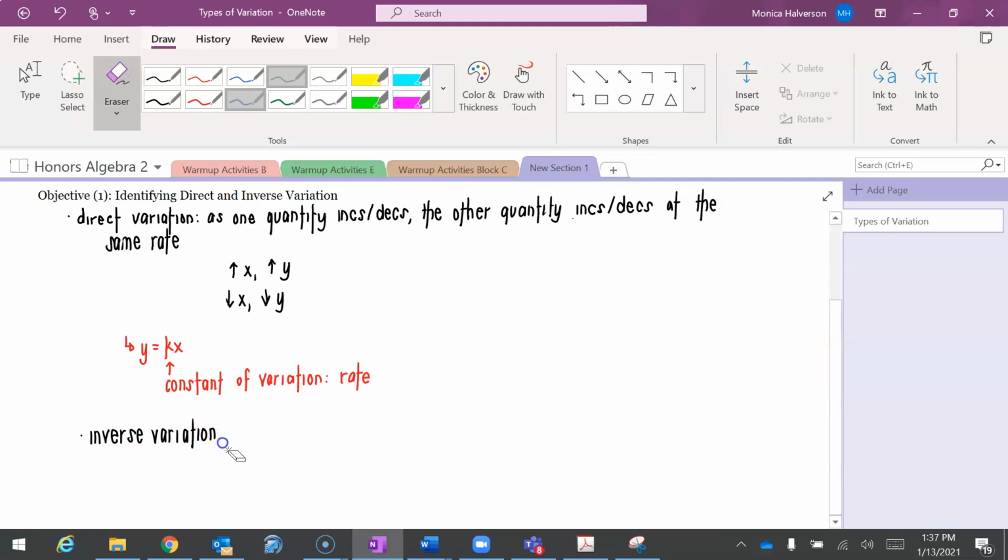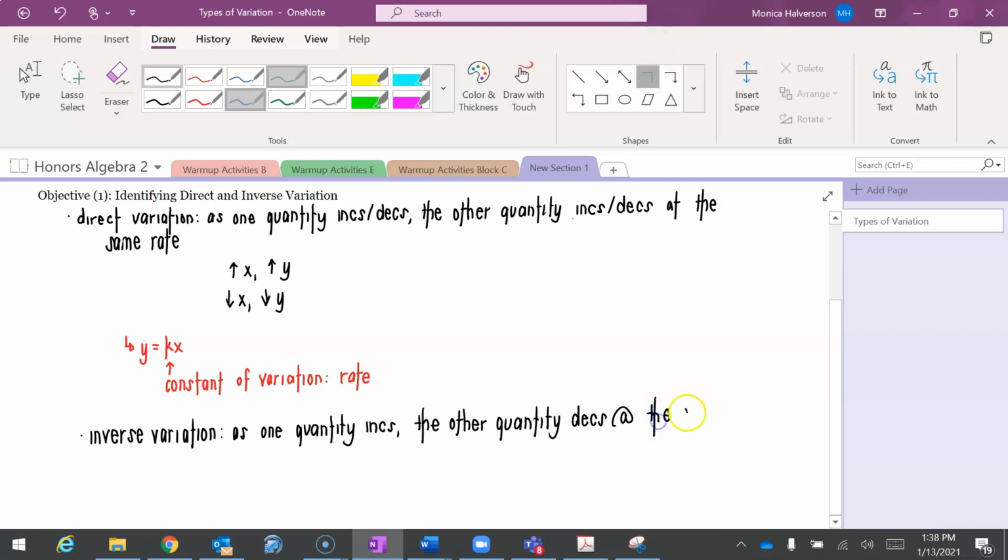Now, inverse variation states that as one quantity increases, the other quantity decreases at the same rate. And essentially, they're inversely proportional.